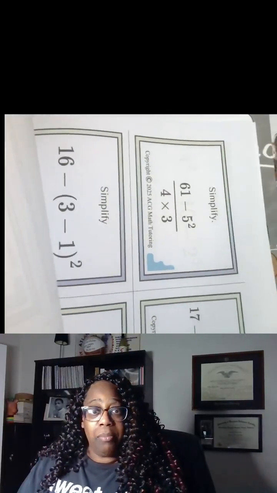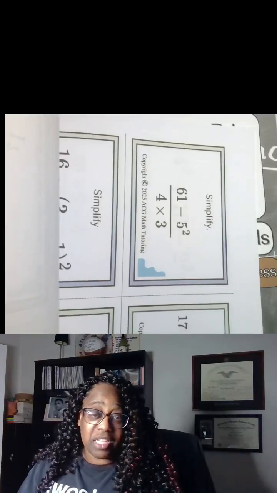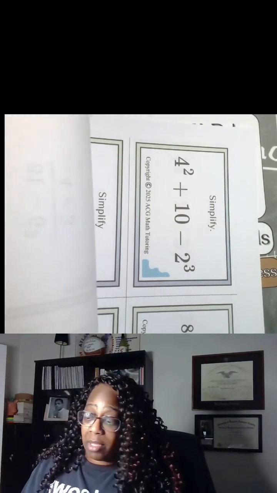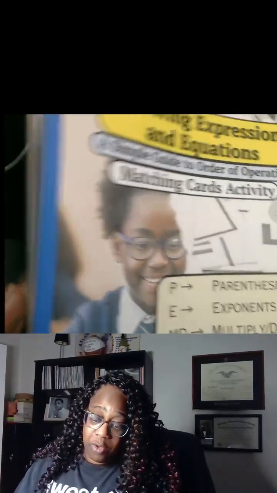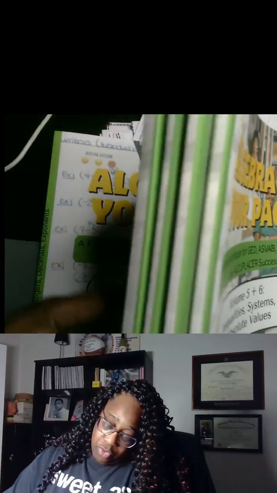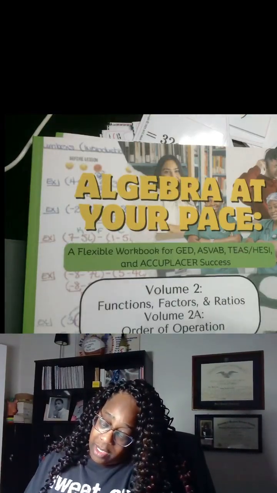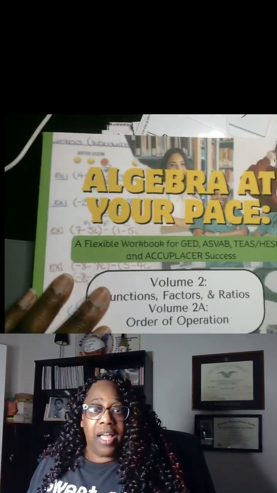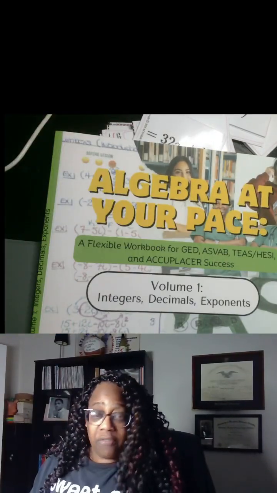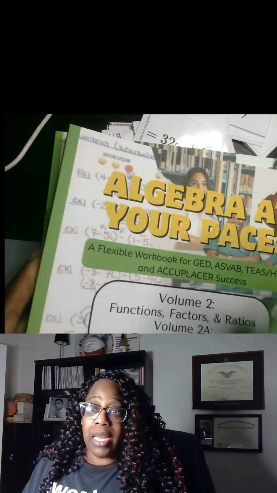Plus it upgrades it. So it's not just basic ones, it's a mixture. Some of them basic, some of them are advanced. For simplifying, that would be volume 2 if you think you're good. If you need to start from the very beginning, start from the very beginning.